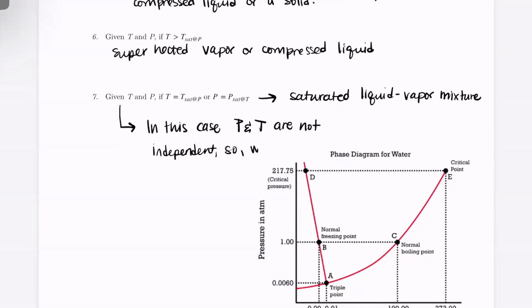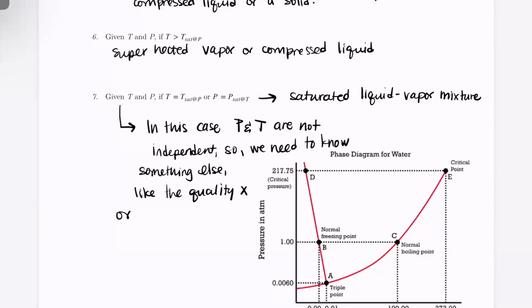So we need to know the quality, or we could know the internal energy, specific volume, H, or entropy to define the state.